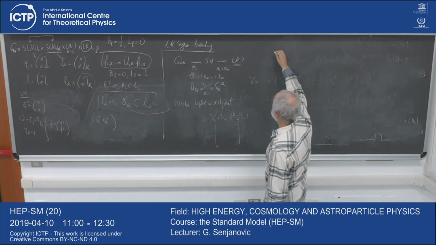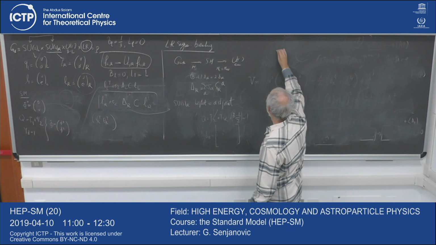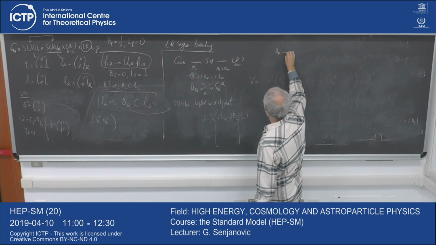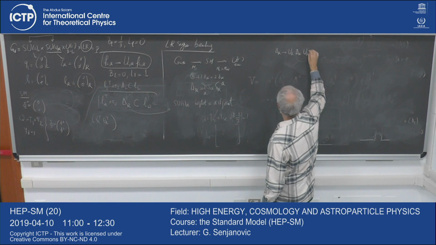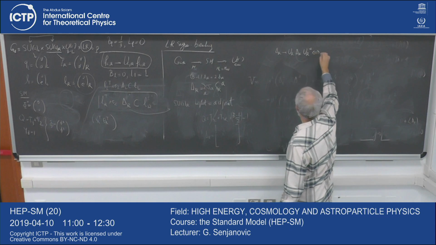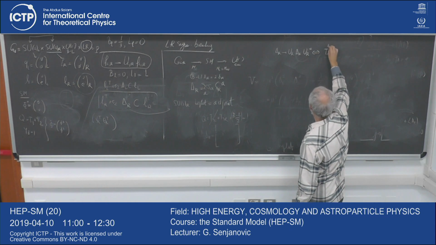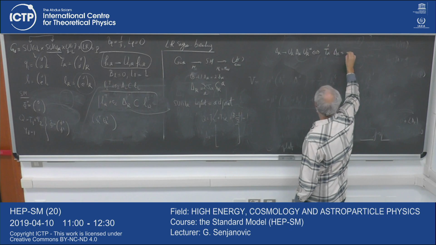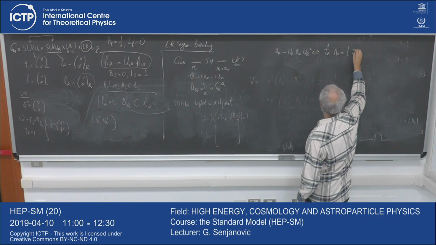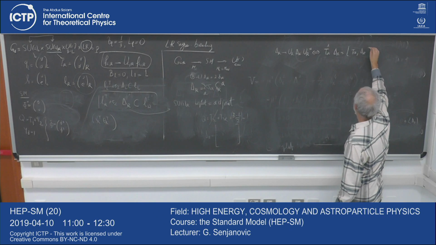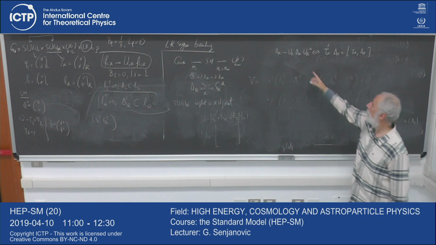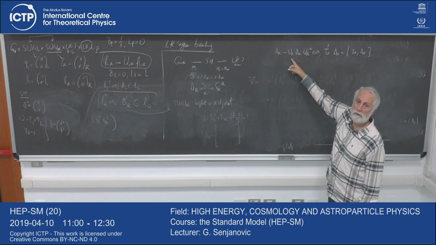When I say that the representation is adjoint, that means delta R transforms as UR delta R UR dagger. Remember, this is equivalent to saying that the generators, let me write formally, acting on delta R, will act as the commutators. On the left, on the right with the minus sign. That's a commutator.